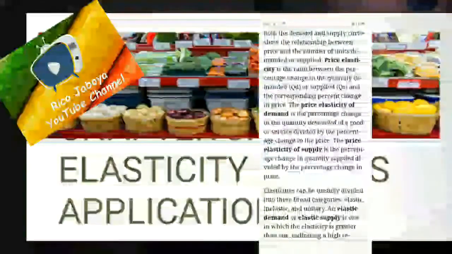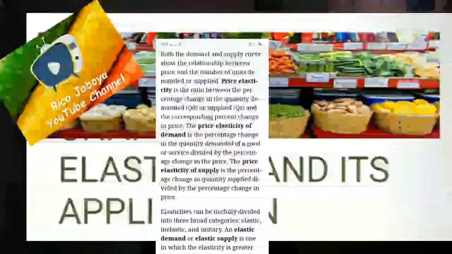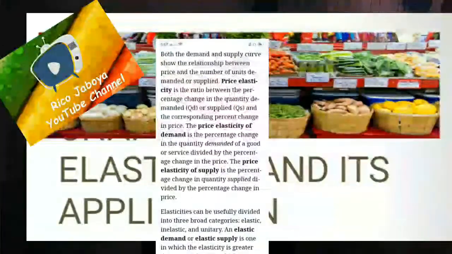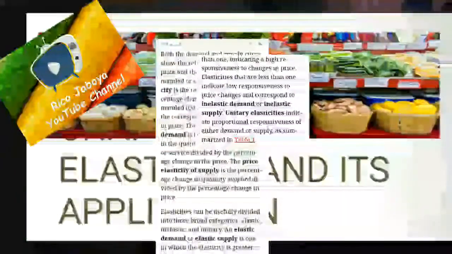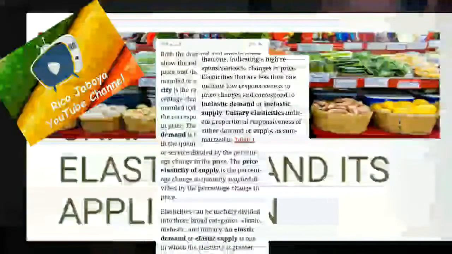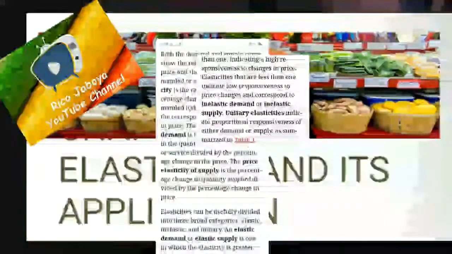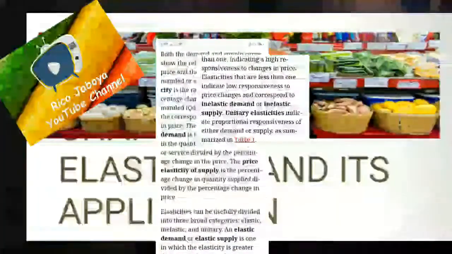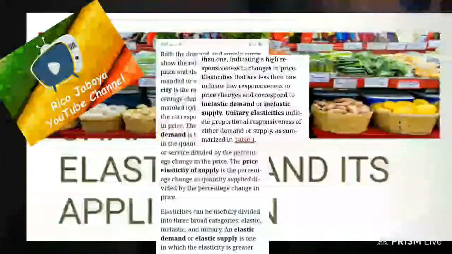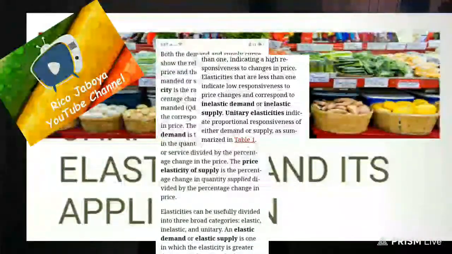Okay? So, it's greater than 1, indicating a high responsiveness to changes in price. That is the elasticity, whether it is demand or supply. If it is greater than 1, then the responsiveness is high.